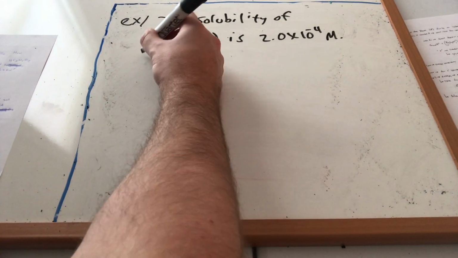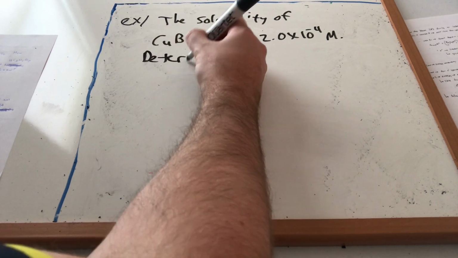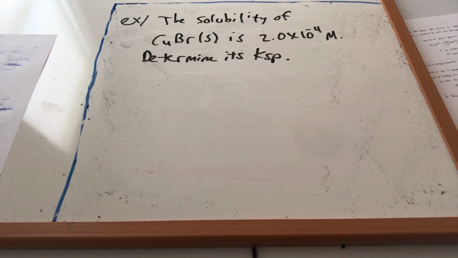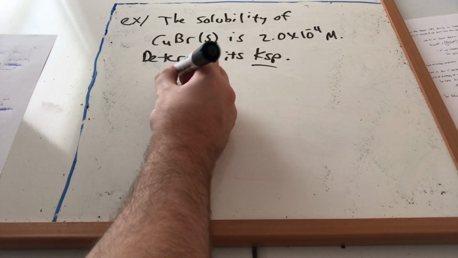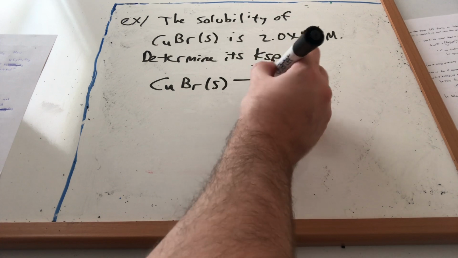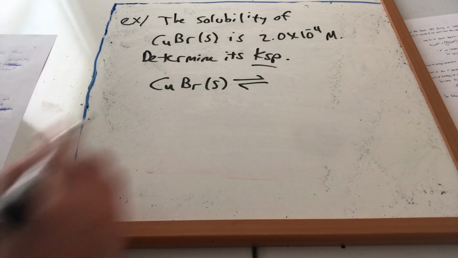Determine its KSP. Again, this is small. It looks like it's not completely soluble. So it's going to have a calculable KSP. So what do we do? Oh, KSP, those come from dissolutions. Equilibrium problems associated with dissolutions of salts.